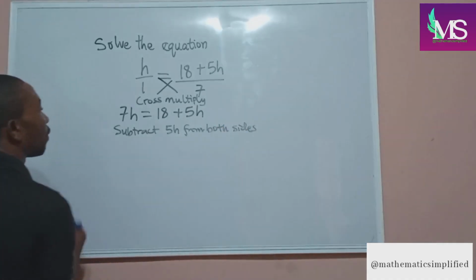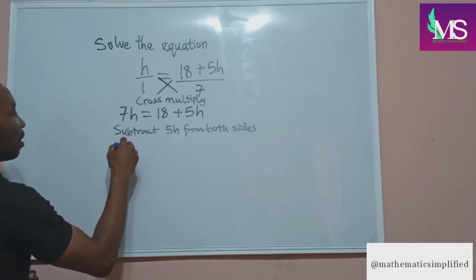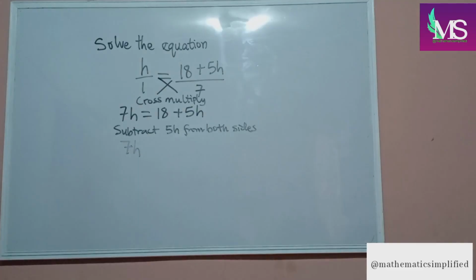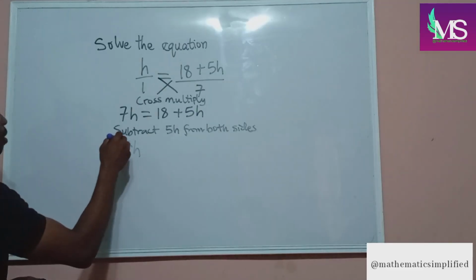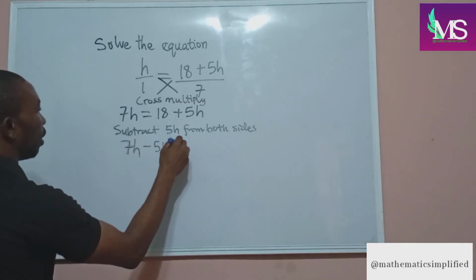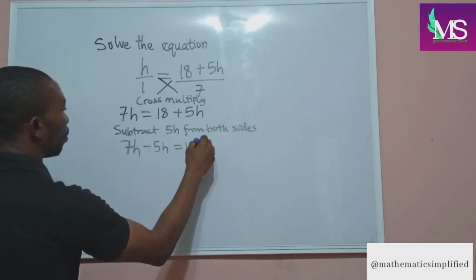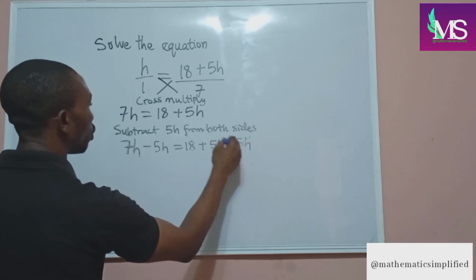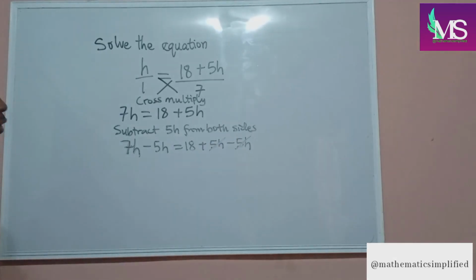So if we subtract 5h from both sides, we have 7h minus 5h equals 18 plus 5h minus 5h. So this will cancel out, leaving us with 7h minus 5h equals 18.